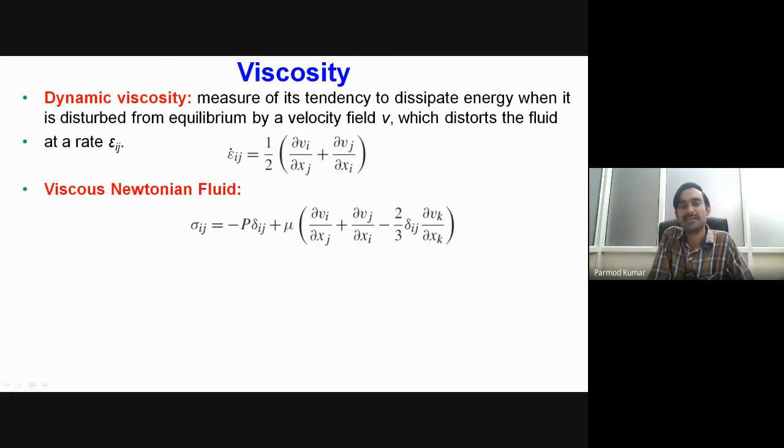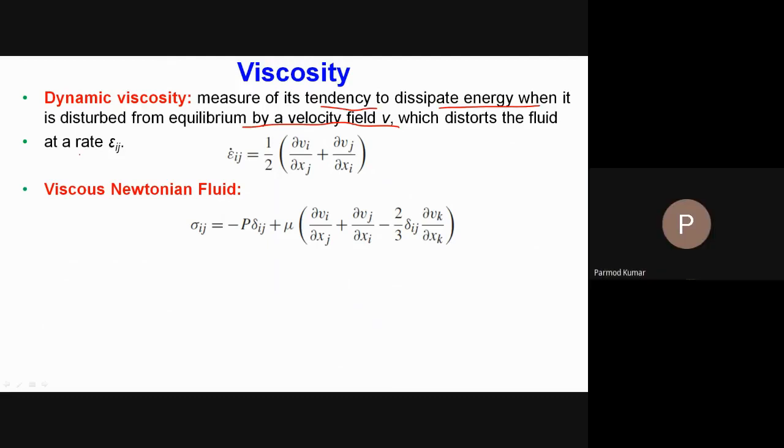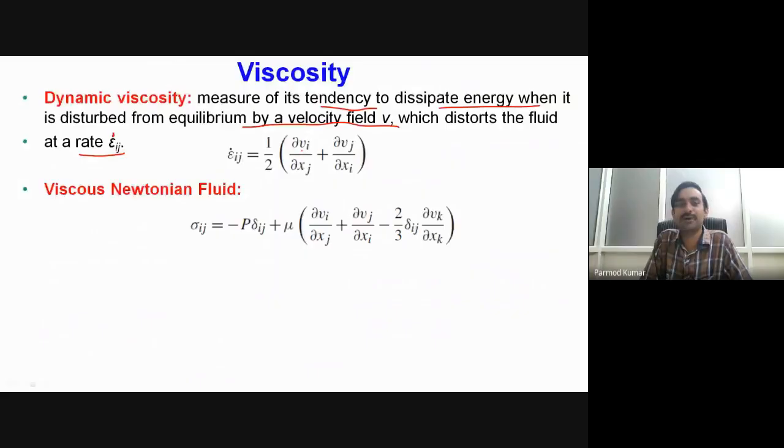Kinematic viscosity is nothing but dynamic viscosity divided by density, and dynamic viscosity is a measure of the tendency of the liquid to dissipate energy when it is disturbed from equilibrium by a velocity field v, which distorts the fluid. We know that the rate of deformation is equal to 1/2 into (del vi by del xj plus del vj by del xi).